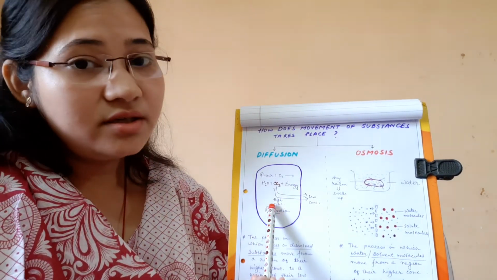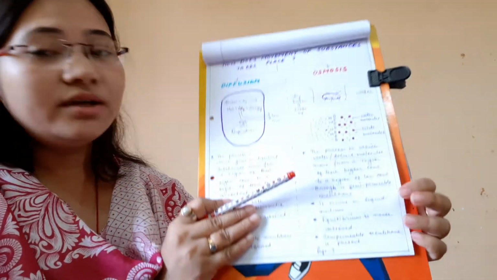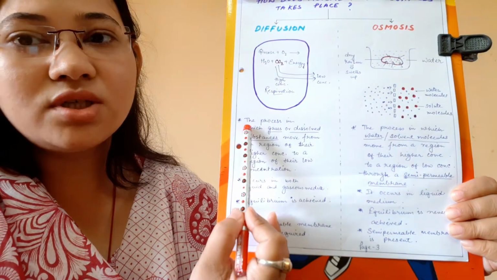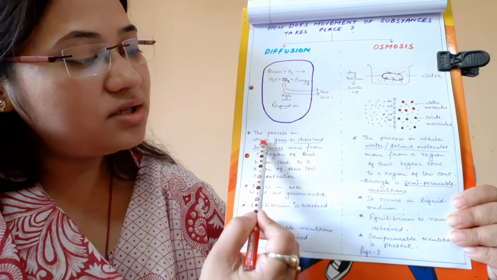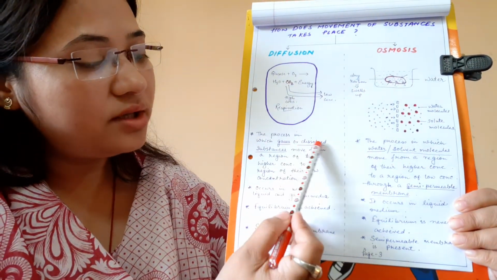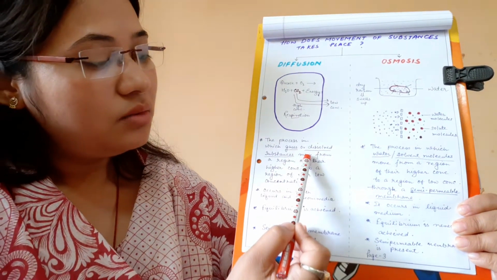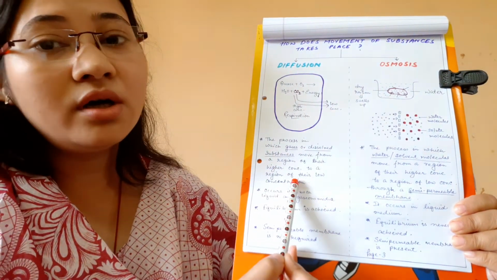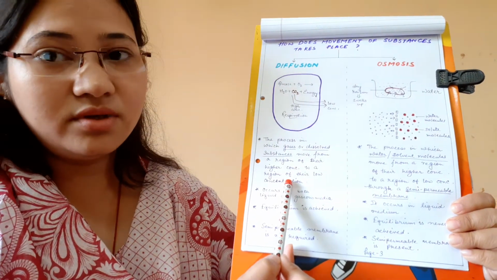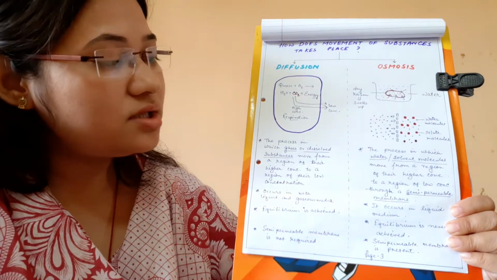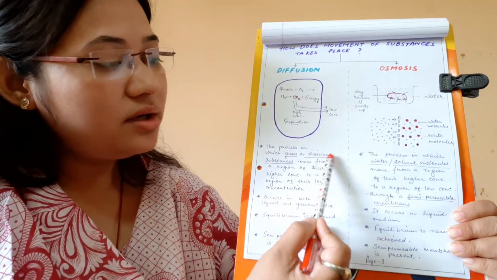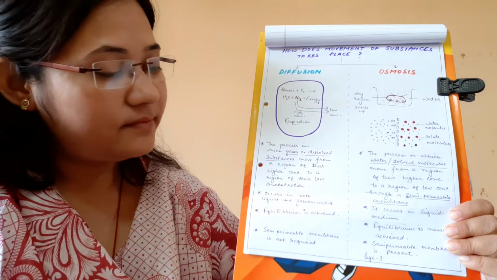according to their concentration. So let us see what is diffusion. Now here I have defined diffusion: the process in which gases or dissolved substances move from a region of their high concentration to a region of their low concentration. What kind of molecules? Molecules may be either in gaseous state or in dissolved state.